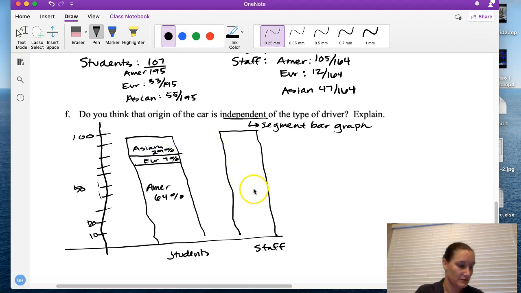And then we're going to do the same thing for staff. Staff American is 55, so it's down here. And you could basically achieve the same thing by just looking at the percents, but for the AP exam, they do want you to do the bar chart. European is 17, so that's 60, 70, so it's actually about at the same place as the other one.